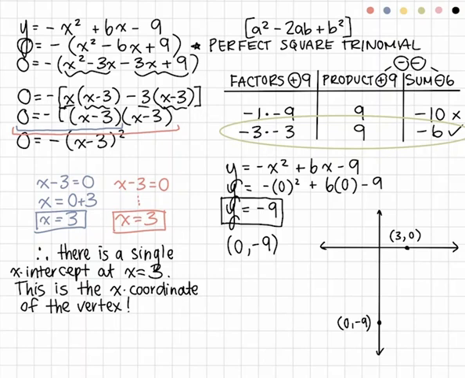Okay? Now, due to the nature of parabolas being symmetrical, and considering that I have the vertex, which is also the axis of symmetry, I'm able to find a third point to help me graph here. If I went directly in the middle of these two points, I would get to the vertex. So what point over here would give me that vertex and that axis of symmetry right in the middle?